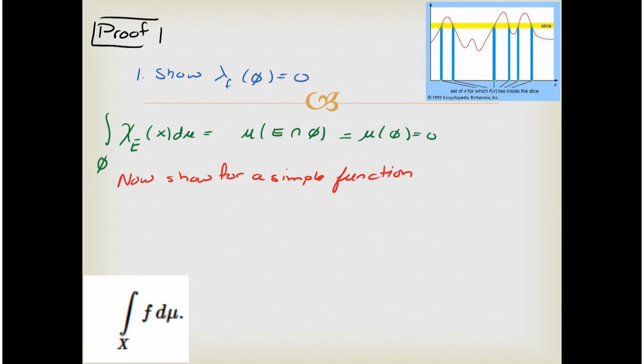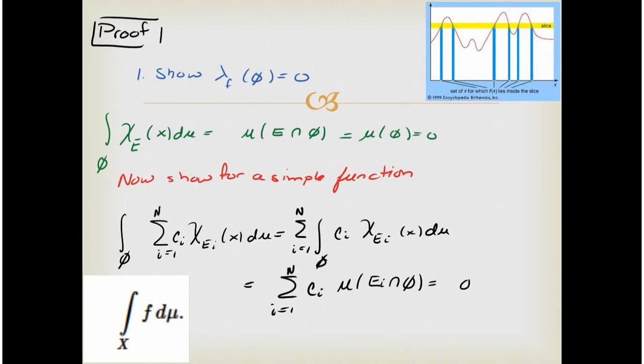Now that I have it for a characteristic function, I need to show the result for a simple function. This is a pretty standard procedure in measure theory to prove some of the basic results. So if I integrate over the empty set, and this time I do have my coefficients here, thank goodness, and I look at the linear combination, this is my simple function. Well, there's a theorem, which I skipped, that allows you to pull a finite sum and integral apart.